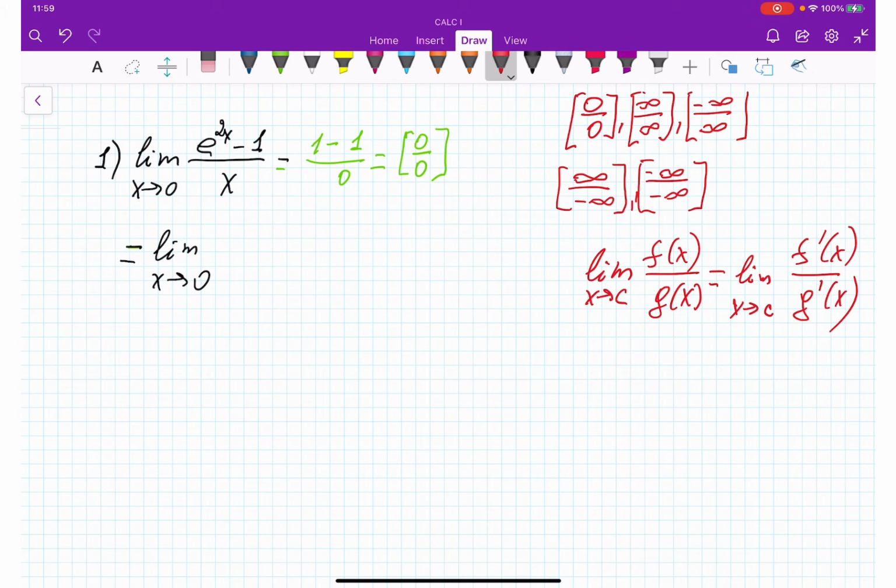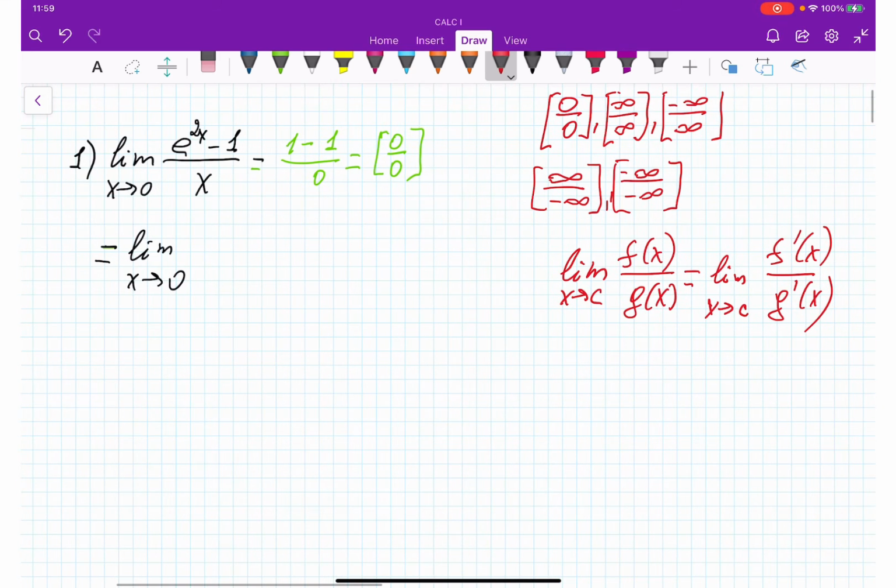Now, what is important to mention is that sometimes people occasionally use L'Hopital's rule incorrectly by applying the quotient rule.